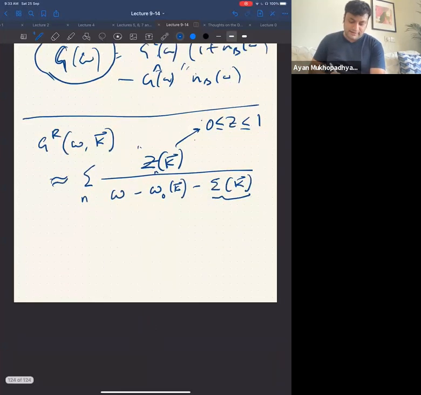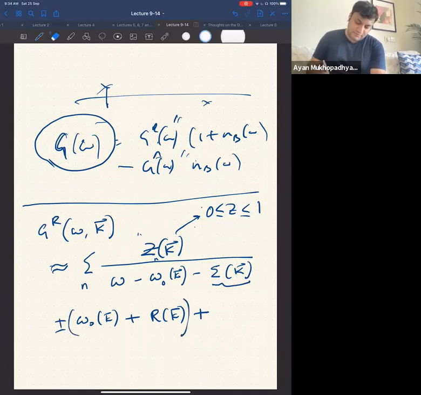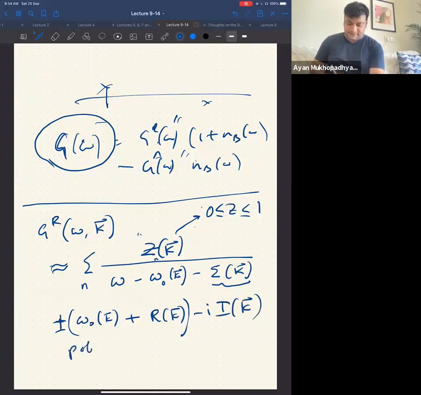As a result, you find poles at omega naught K plus the real part, and minus i times the imaginary part. These are the poles of the retarded propagator, with residues which are Z of K.